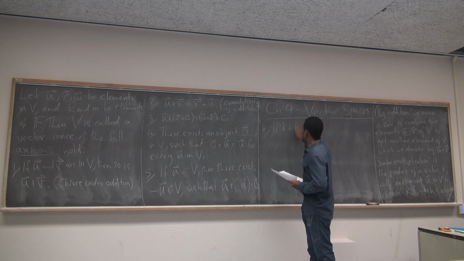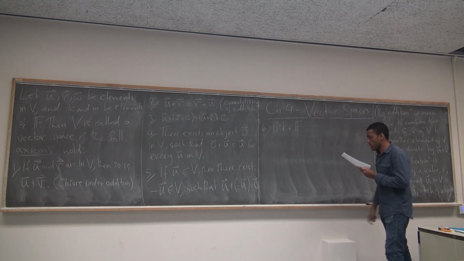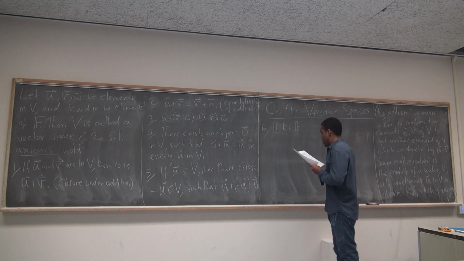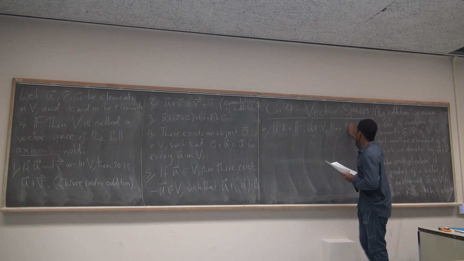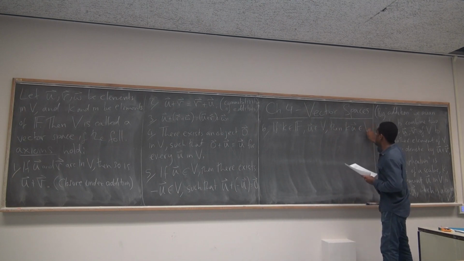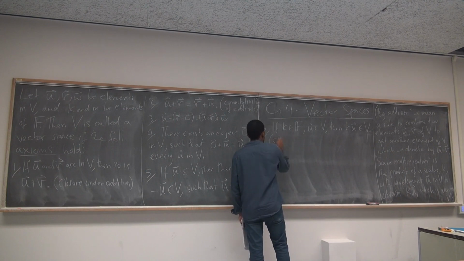Six, if K is an element in my field, which we're using F as the real or complex numbers, and U is an element of V, then K times U is an element of V. This is called closure under scalar multiplication.